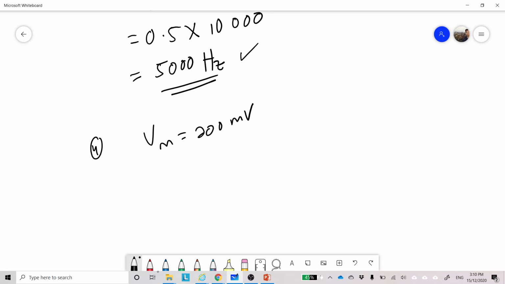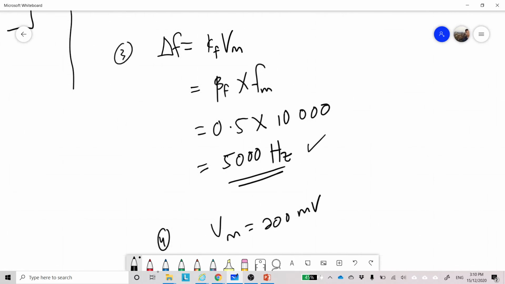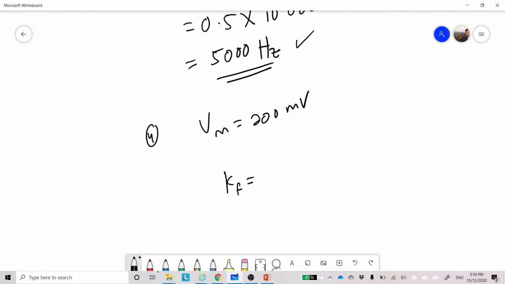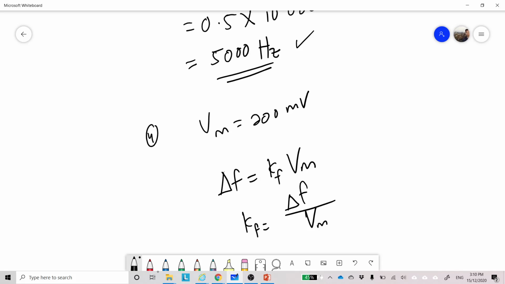Okay, so KF is equal to delta F. Sorry. Yeah. So okay. Sorry. Padam dulu. So delta F is equal to KF VM. Okay. So KF is equal to delta F divide with the VM. Okay.